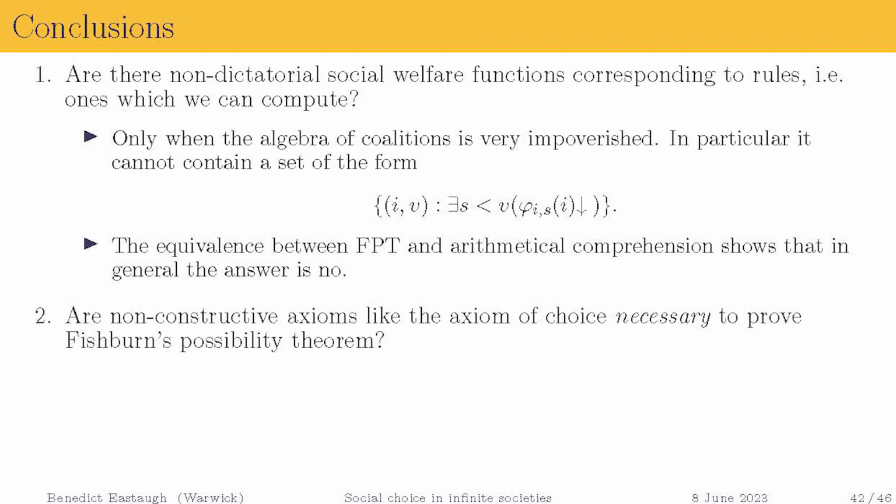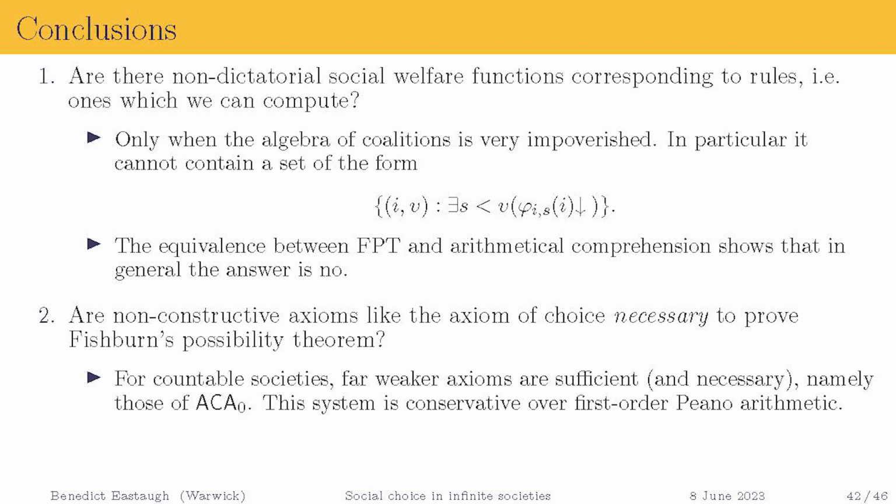And then the second question was, well, are non-constructive axioms like the axiom of choice necessary to prove Fishburn's possibility theorem? And here the answer is, well, if we only look at countable societies, such as those we might use in intergenerational social choice theory, population ethics, this kind of thing, then much weaker axioms are in fact sufficient. So ACA 0, this is not just provable in ZF, it's far, far weaker.